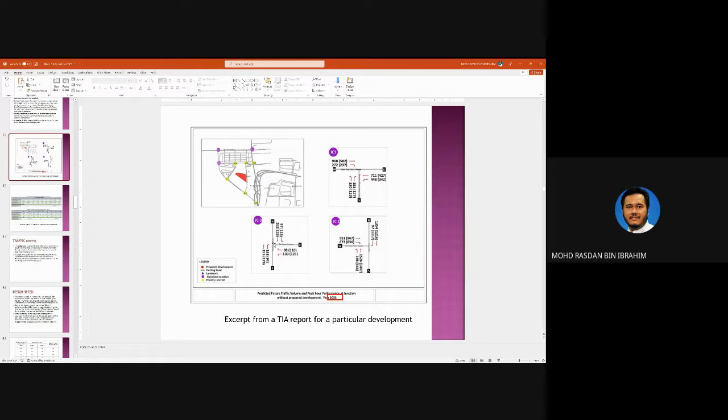You know the projection, the percentage of traffic growth in that area. So from that, you can estimate the volume of traffic flow in the horizon year, in the future. So you can know what the impact is. What will happen to this intersection 20 years down the line, for example.